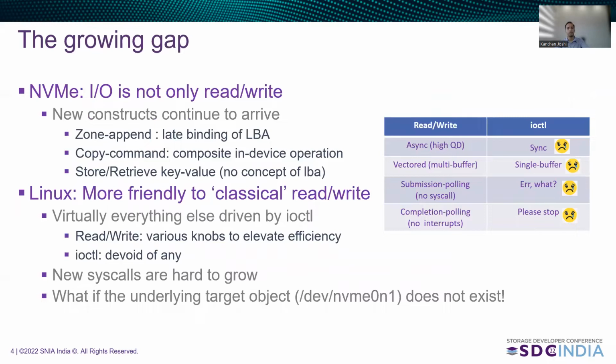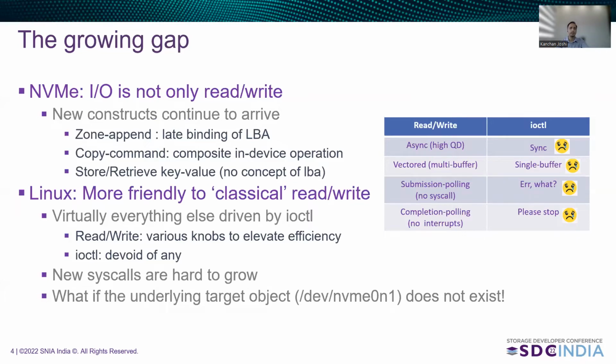Another related but somewhat different aspect is that IO is no longer classical read and write. We already are seeing various new ways of reading from and writing to the storage. A few examples. With Zone Append, the host does not dictate where to write, but storage tells where exactly the write took place when it completes the write.